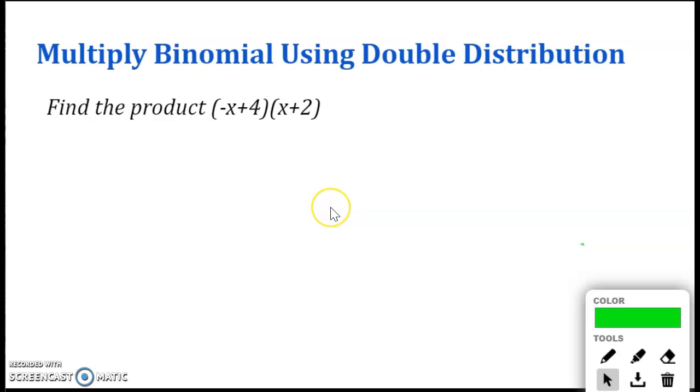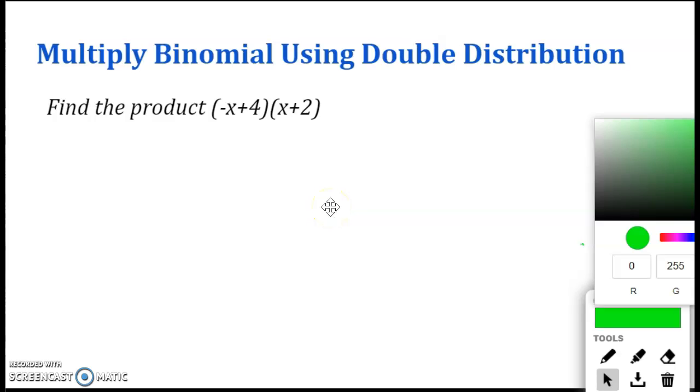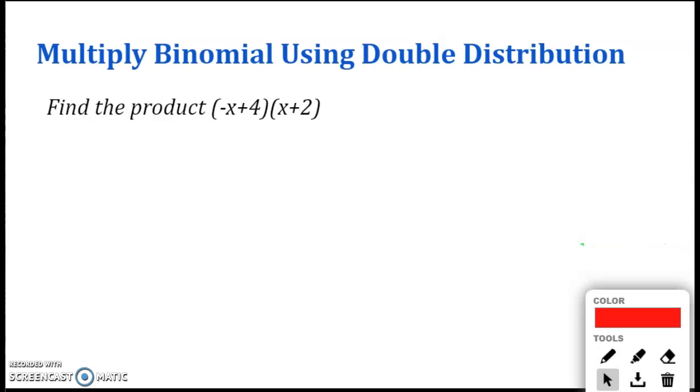All right, so let's just do another quick example here. This time we are multiplying negative x plus 4 by x plus 2. So the first thing we're going to do is find the first term of the first binomial.